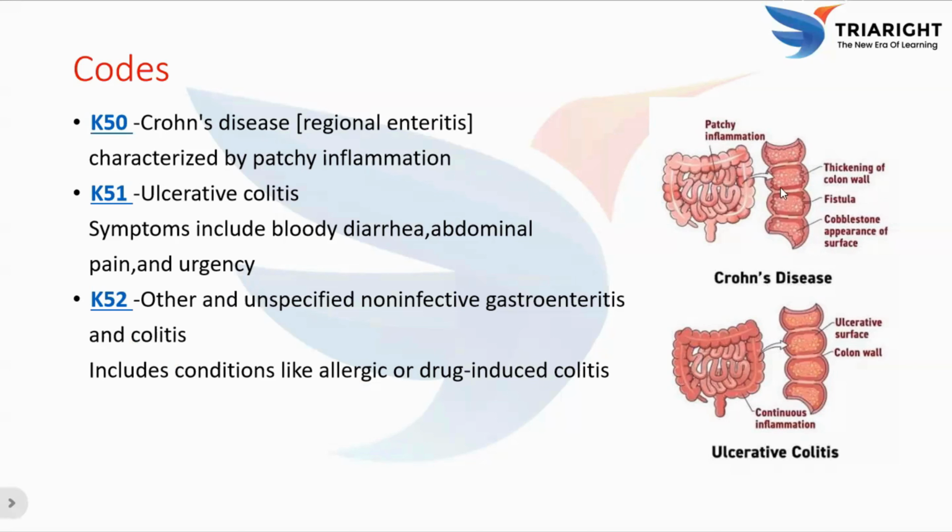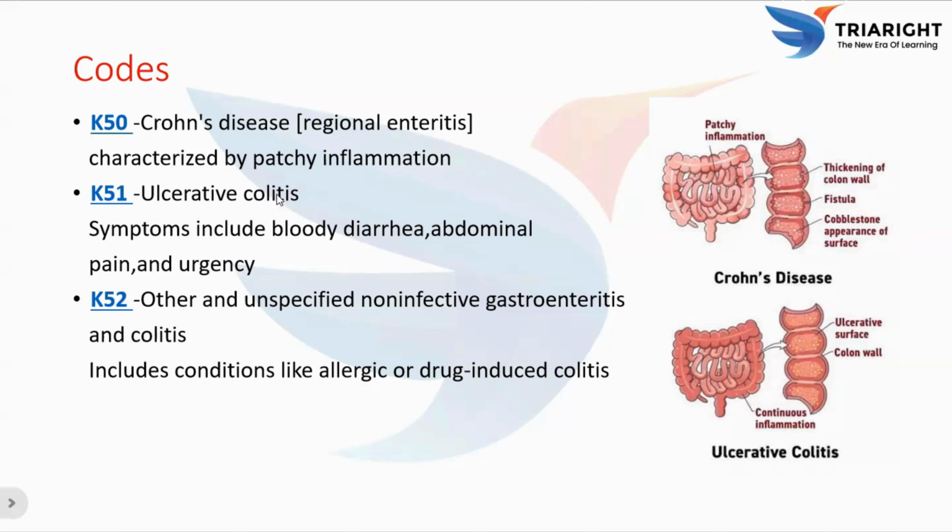Here you can see this is the patchy inflammation, this is Crohn's disease, whereas in ulcerative colitis you can see the continuous inflammation. And here in Crohn's disease, you can see the thickening of the colon wall, whereas in ulcerative colitis there is no thickening of the colon wall.